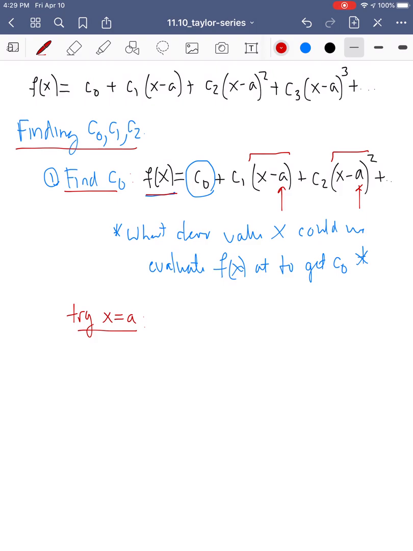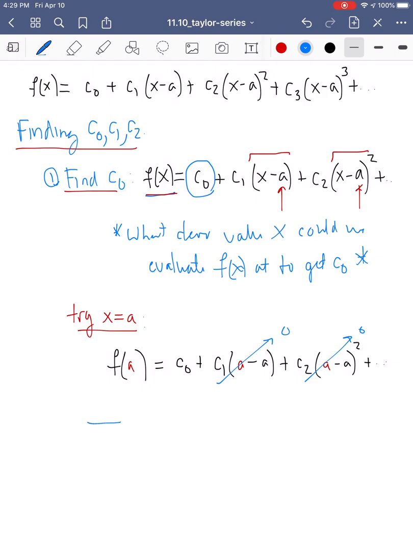All those terms are going to be wiped out. So if we plug in x equals a, we're just evaluating our function f at a. We get C0 plus C1 times a minus a, plus C2 times a minus a squared, and so on. In other words, all of these terms higher than the C0 term are going to go to 0 because we're getting a minus a.